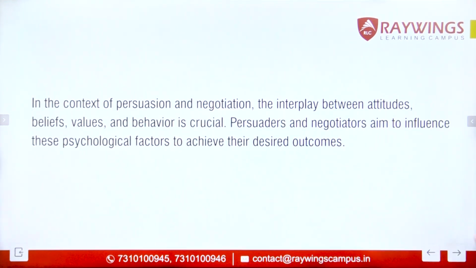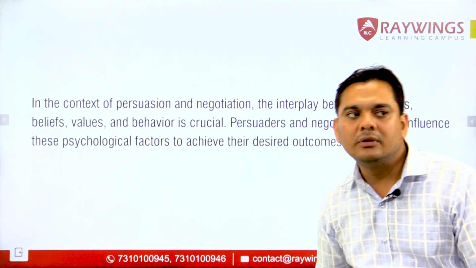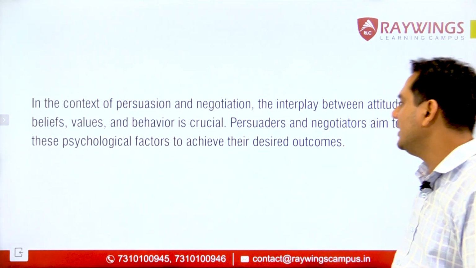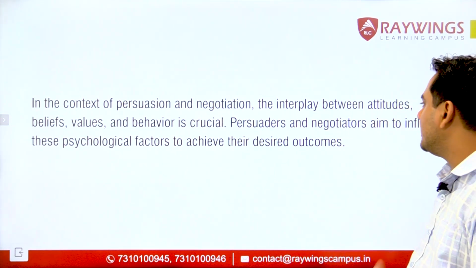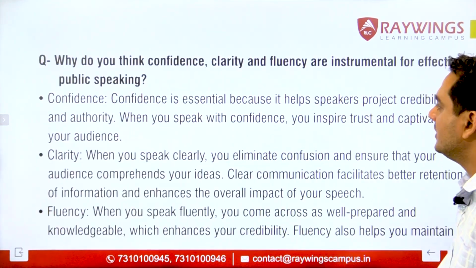These are the factors that aim to influence the person's thought process in respect of persuasion and negotiation, and then only can the persuaders and negotiators achieve their desired outcomes.